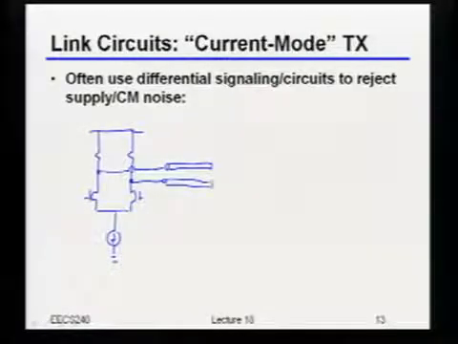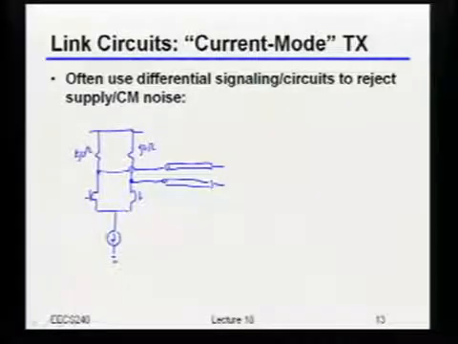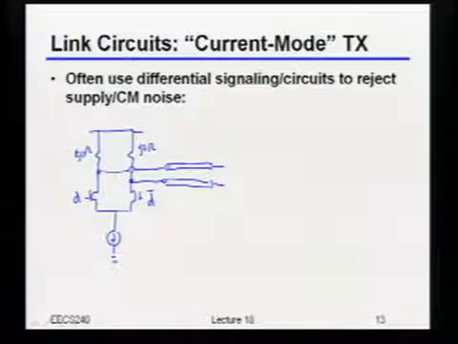The only real trick I'm going to play here is, because I want to make sure that my output impedance matches the transmission line, I'm going to make this 50 ohms right here. I'm going to drive this with the digital data on one side and the complement of the digital data on the other side.